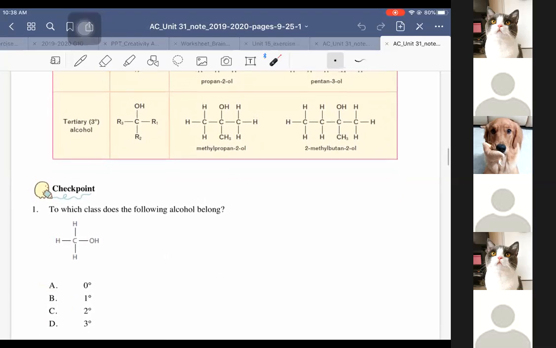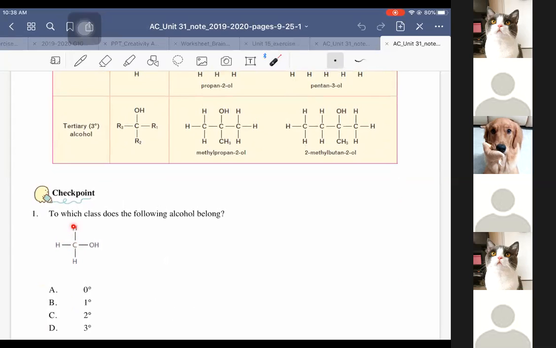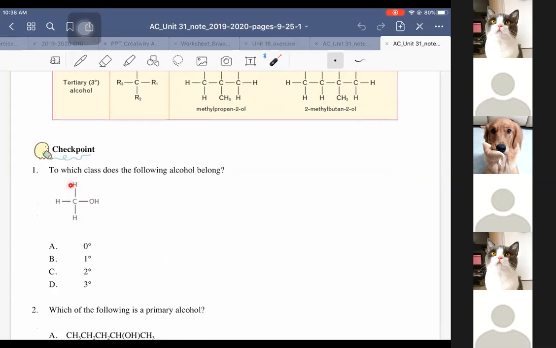So here, this carbon is attached to three hydrogens, so it doesn't attach to any alkyl group. Maybe you may guess it's this one, 0 degree. But remember, for alcohol, we only have from primary to tertiary. This carbon is not attached to any alkyl group, isn't it? It's attached to three hydrogens. So for this one, that's a special case you need to remember.